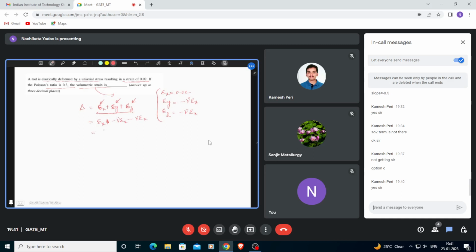So it is 1 minus 2 gamma. If we remember this formula, it is easier. But even if we do not know it, we can calculate one by one and simply add to get the volumetric strain. Is it okay?